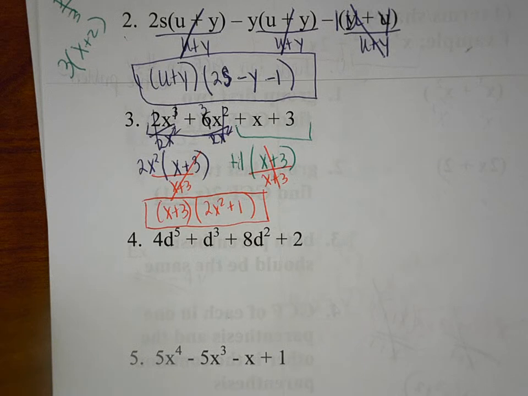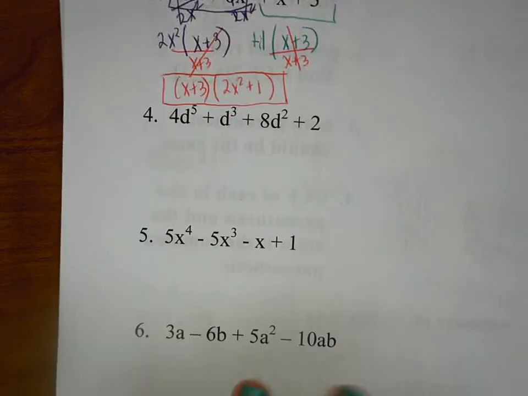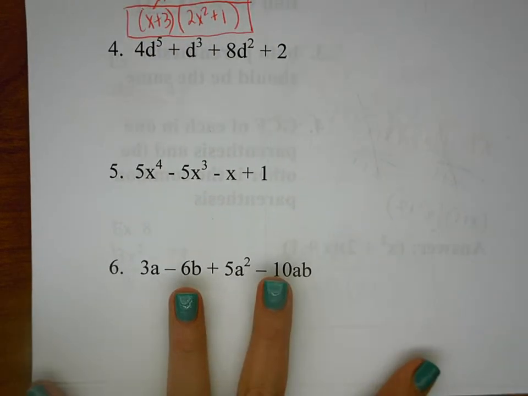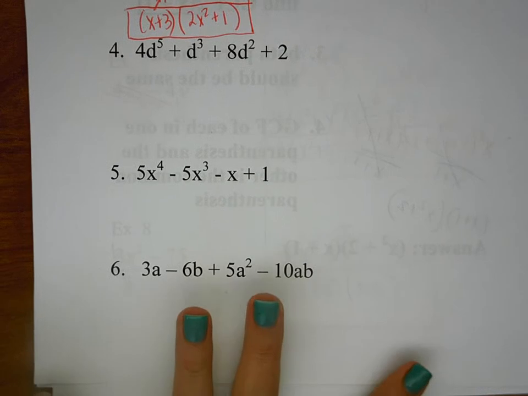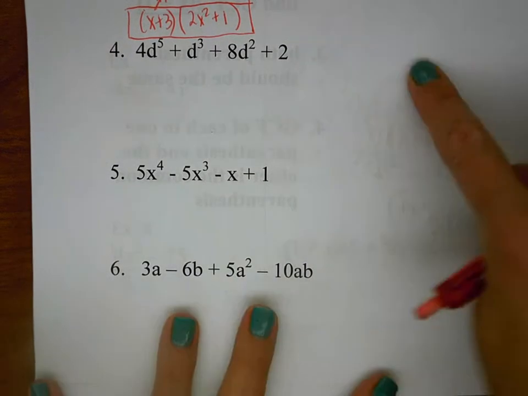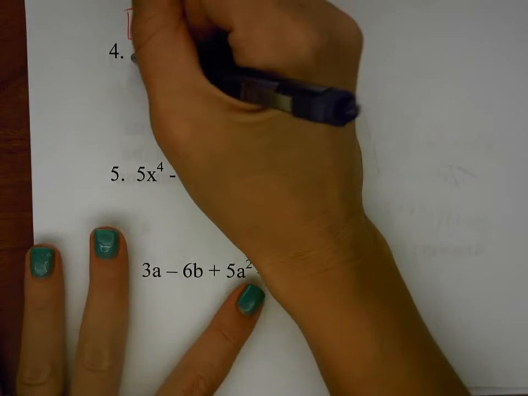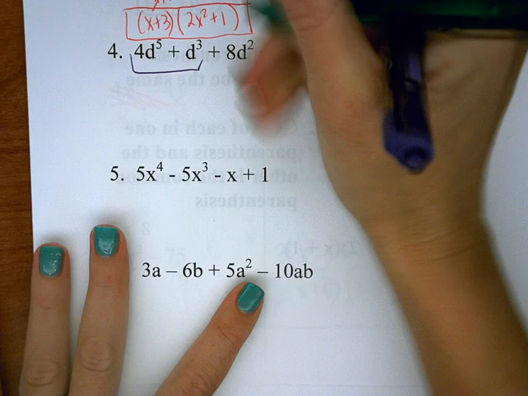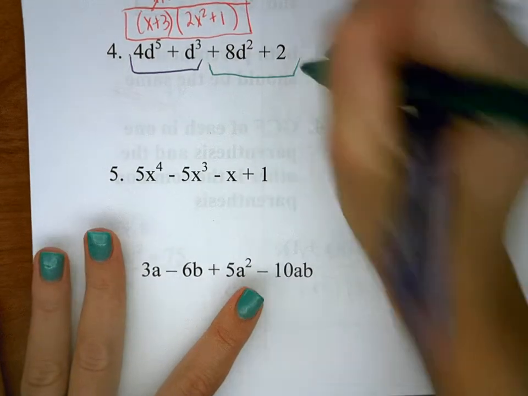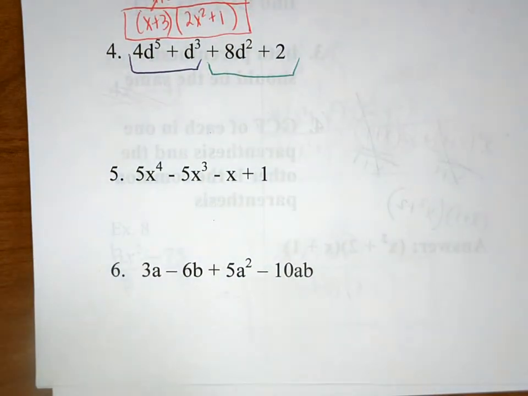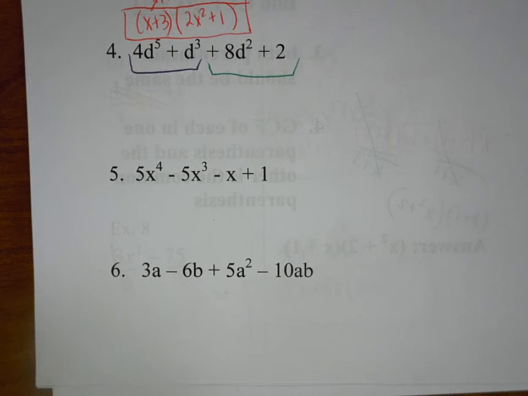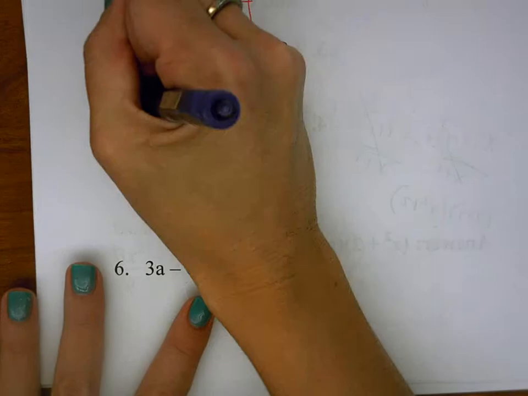Okay. Example 4. We always check for a GCF in the entire problem. Is there a GCF in the entire problem? No, so we group it. Very good. We're going to group the first 2 together and the last 2 together. What is the GCF for the first group? D to the 3rd power.